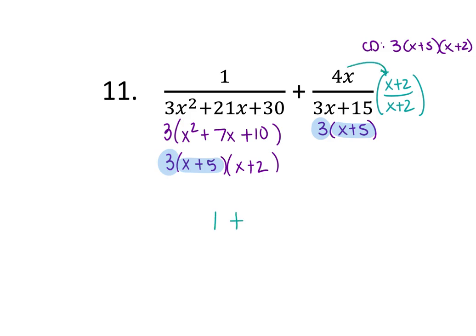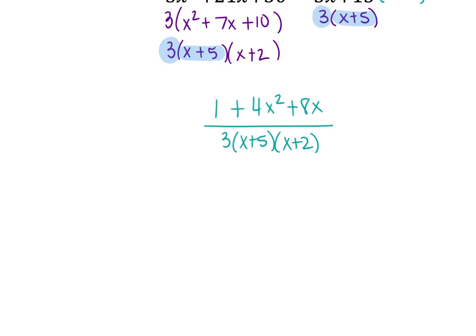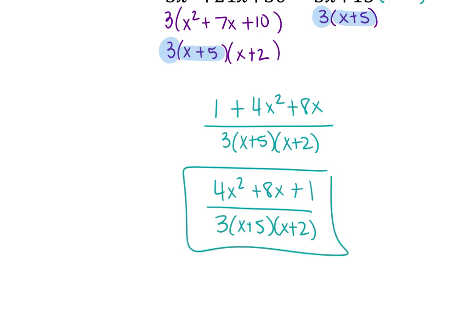Now let's distribute. So 4x squared plus 8x all over 3x plus 5, x plus 2. 4x squared plus 8x plus 1 over 3x plus 5, x plus 2. This is not going to be able to factor, so we can leave it as is.